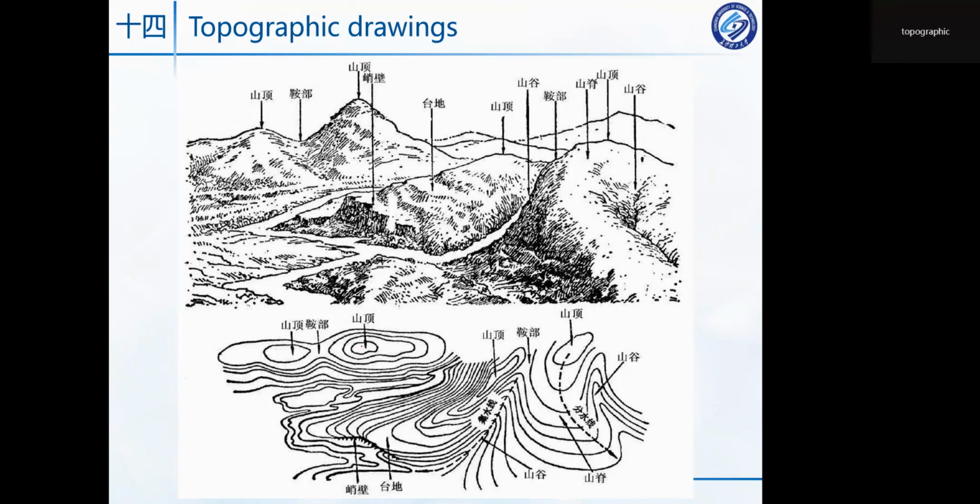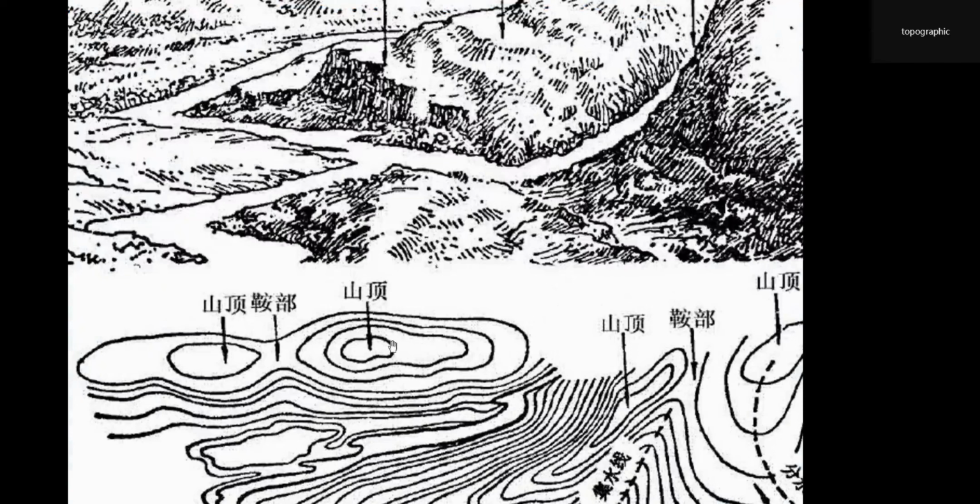The elevation of this point is bigger than here. It means if you stand here and you want to get there, you have to climb the mountain, and from here to here, you have to go down.